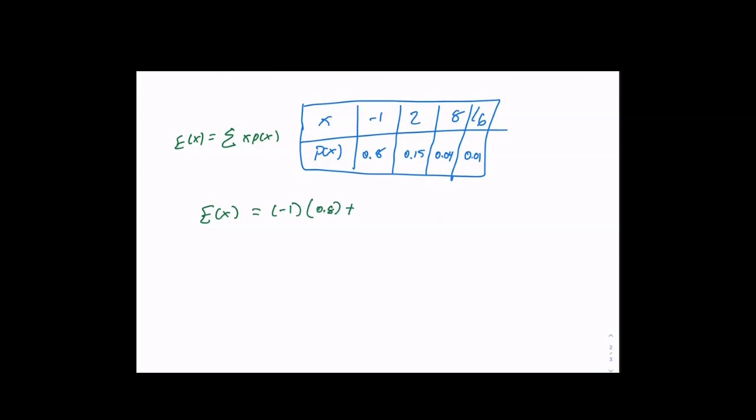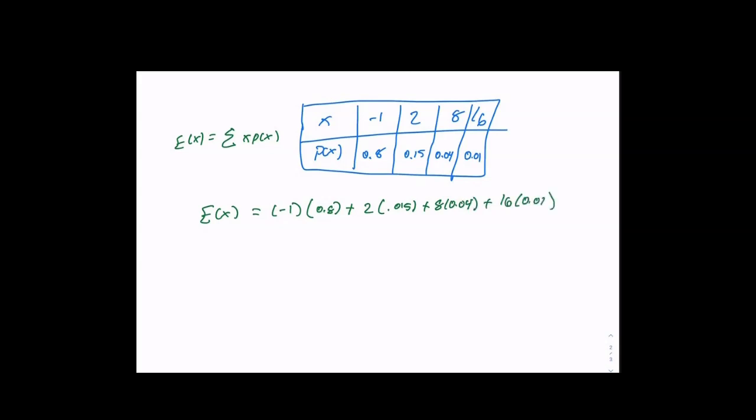Then I'm going to add the next outcome, 2 times 0.15, plus, finish it off, you can do it, 8 times 0.04 plus 16 times 0.01. And that's how you do it.